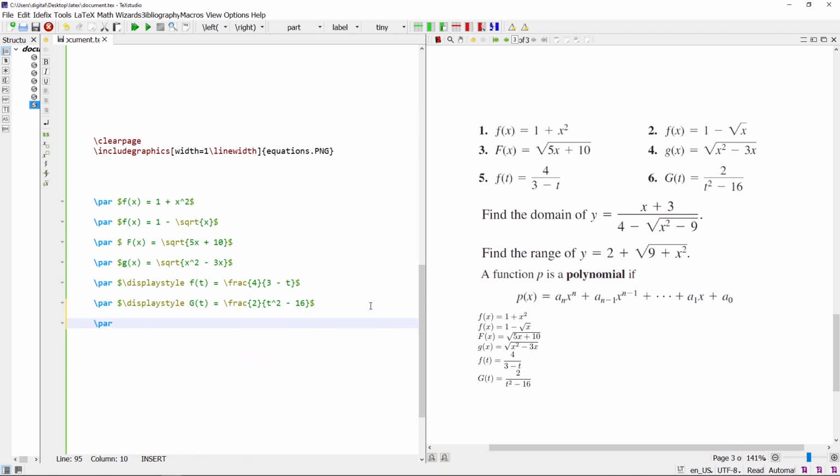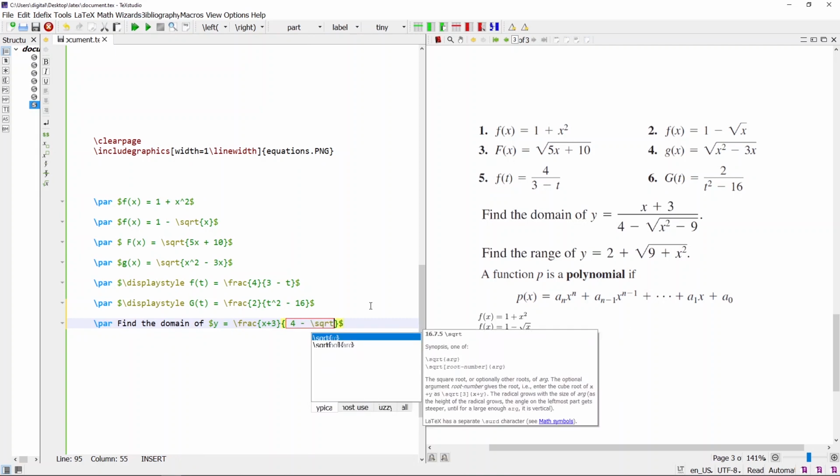The next one is find the domain of y. Find the domain of, it is coming in inline. Write the inline command, y is equal to, and there is fraction. Write the fraction command. In the numerator there is x plus 3 and in the denominator there is 4 minus square root.